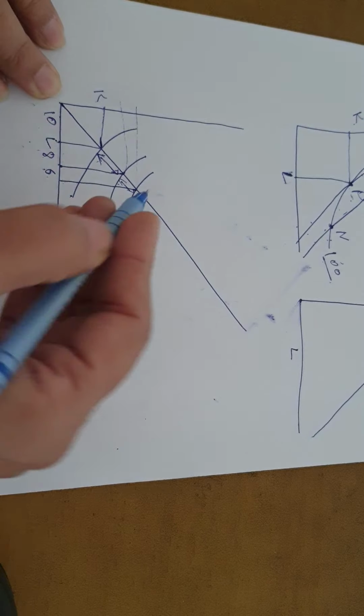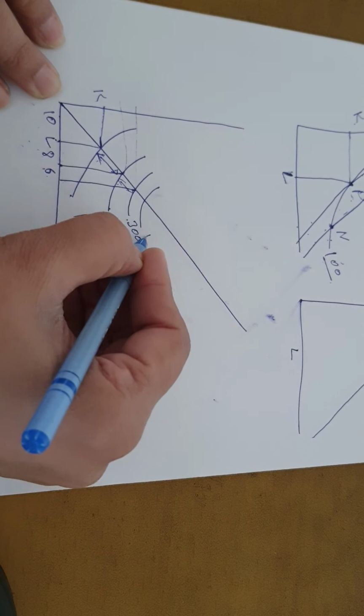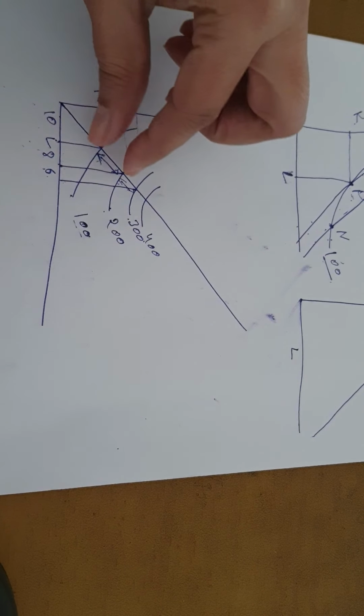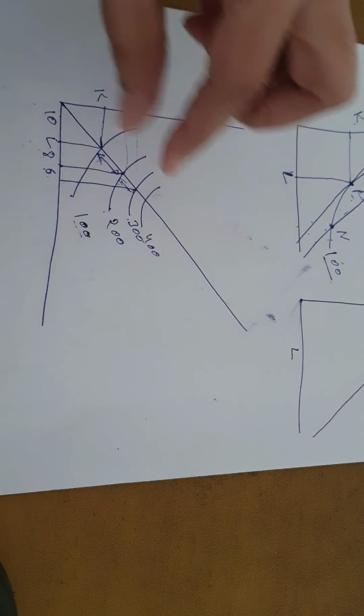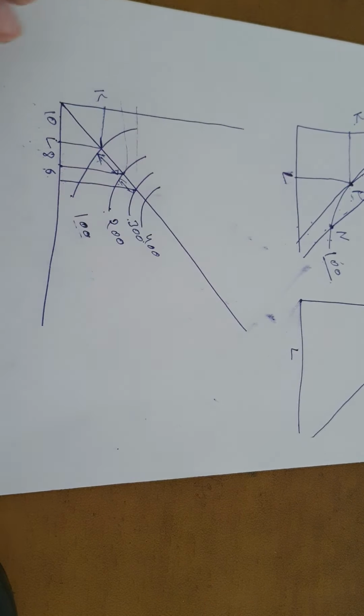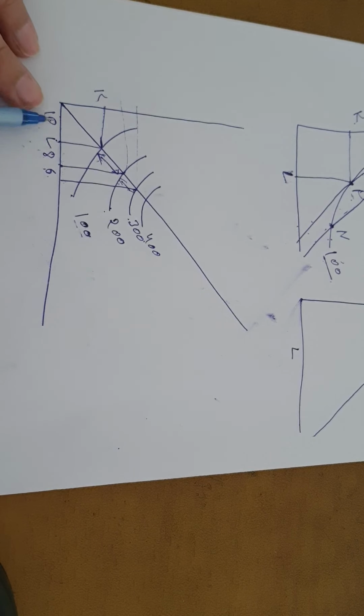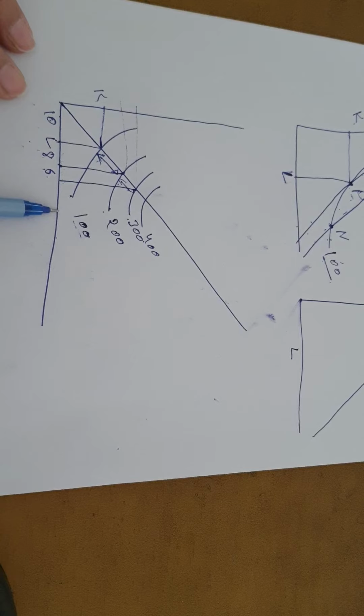So if you are drawing your isoquants like this, their gap is decreasing, their distance is decreasing. This is an example of the law of increasing returns to scale, because every time to produce more you need fewer inputs. So this is an example of increasing returns to scale.